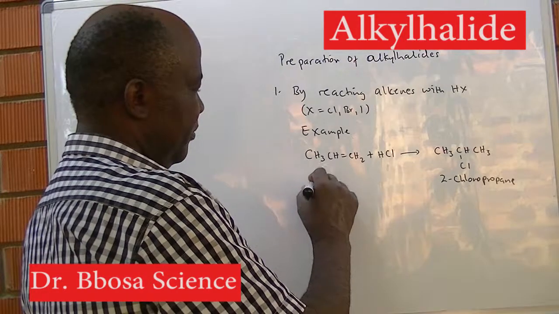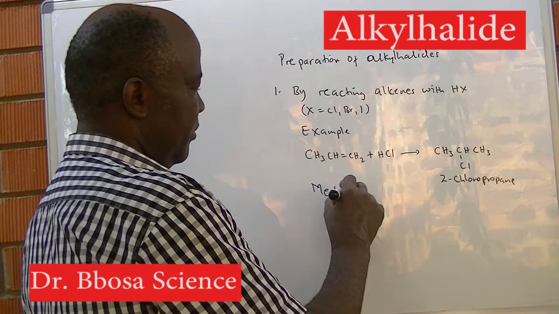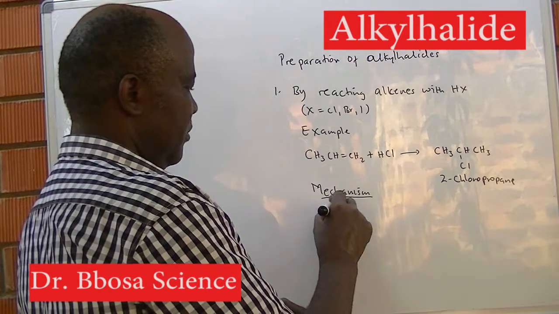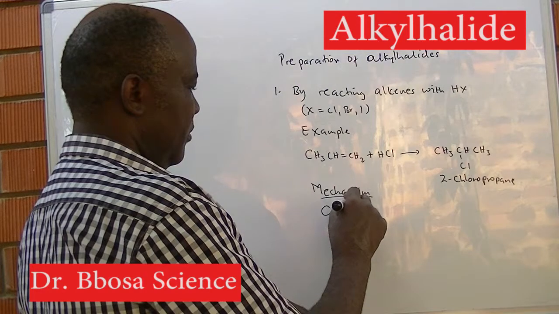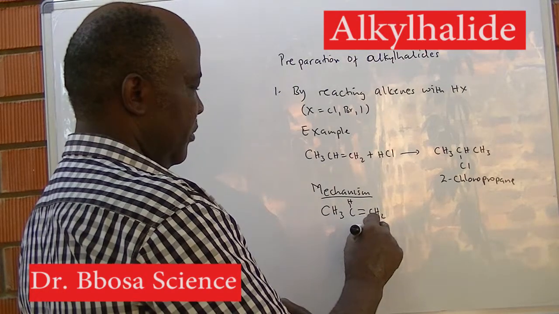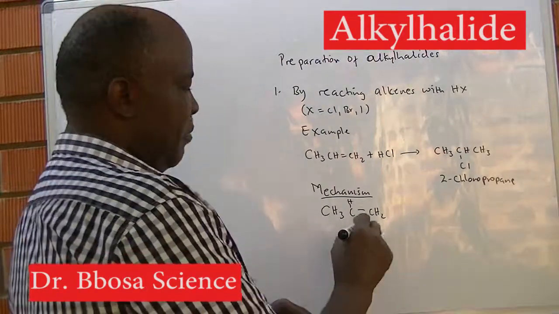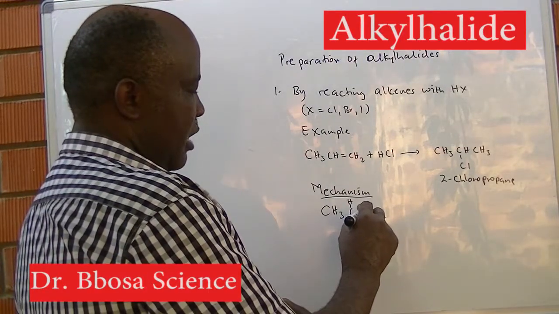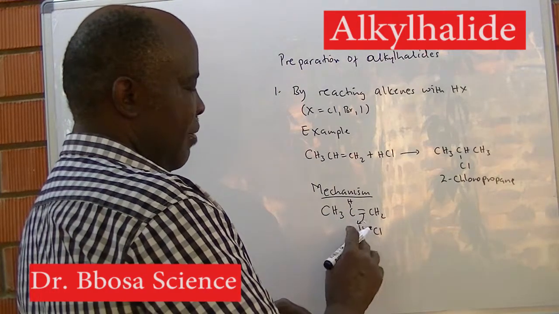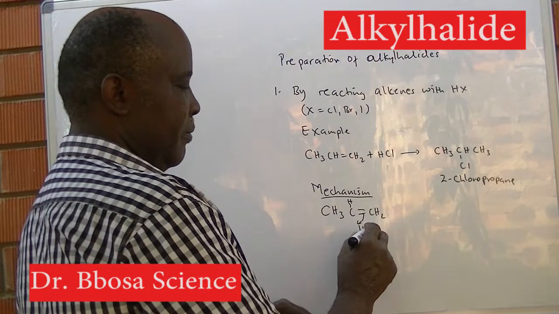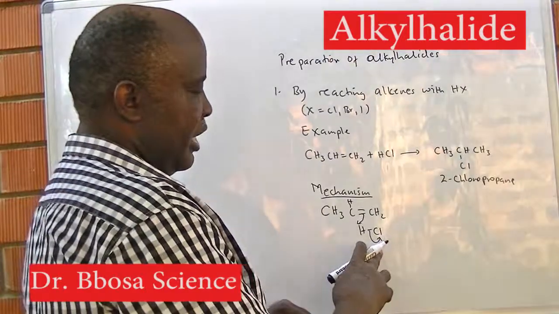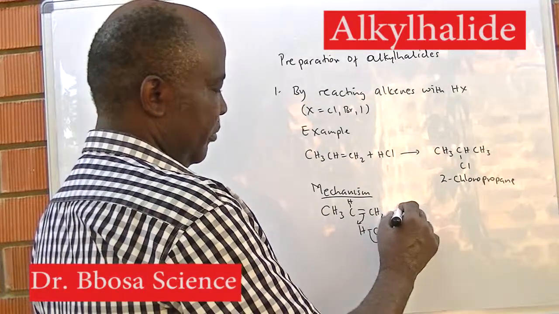Mechanism. The double bond breaks and picks a proton from HCl. The bond between hydrogen and chlorine breaks. A pair of electrons is donated to a hydrogen atom.